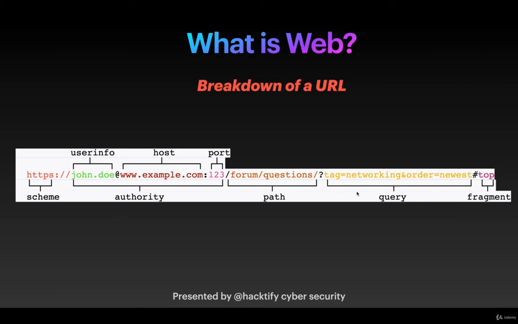So this is nothing but again a query that the client is sending to fetch a particular resource from the server. This is also known as a parameter, wherein tag is the parameter and this is the value of it, which is written after the equals sign. Over here, order is the parameter and the value is newest.